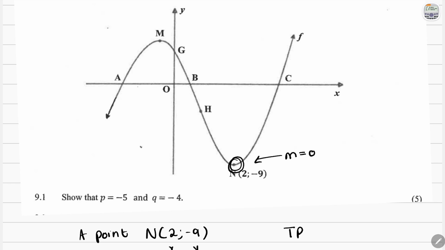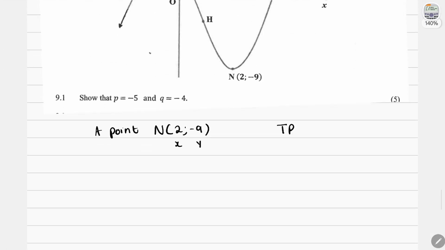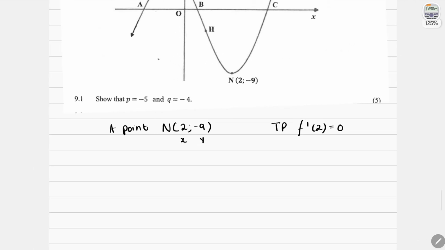The gradient is stationary. It's not increasing or decreasing like all these other points on the graph. So we're going to use that we know that the gradient of f prime of x at the point where x is equal to 2 is 0. And that's how we're going to get this.